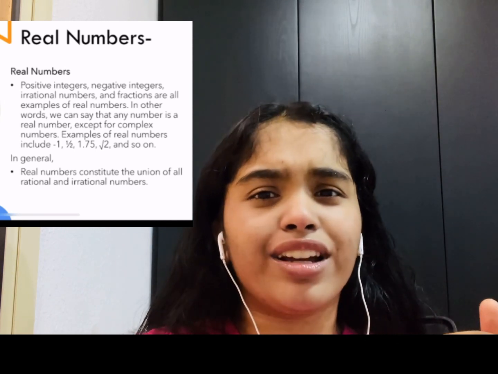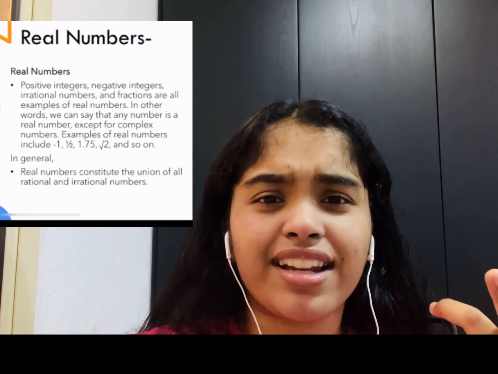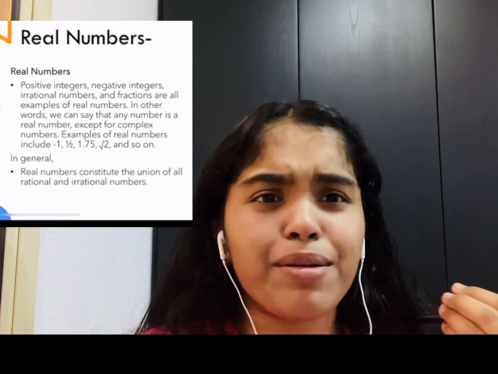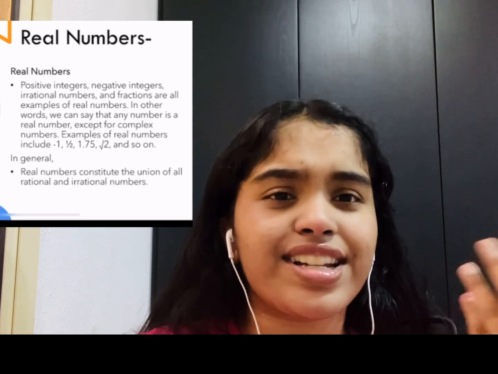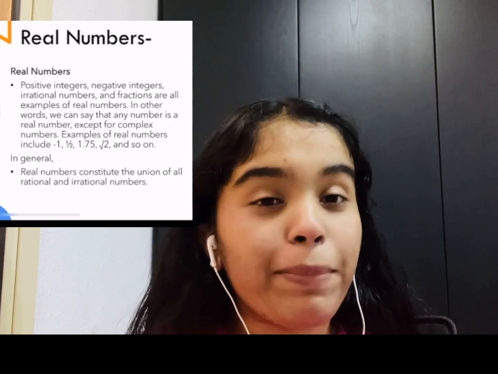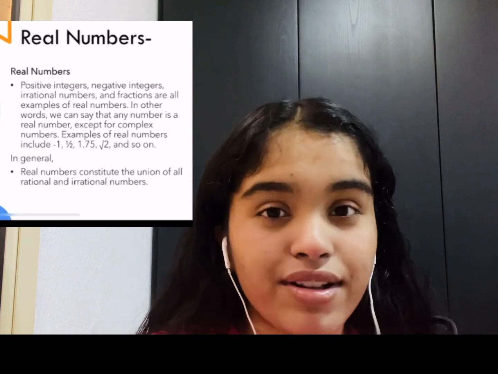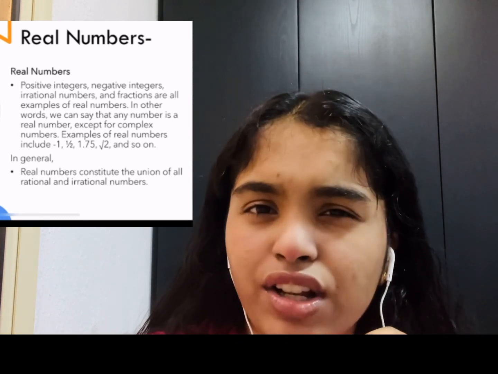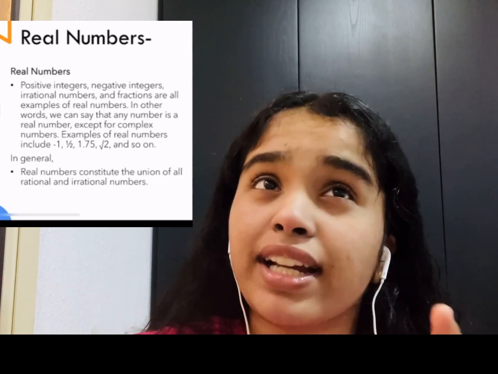Now you say, hey, you said real numbers are just simple numbers like positive integers, negative integers. Now you come with complex. The word complex means not every single number. There are numbers like 1.75. Is it kind of difficult to solve decimal multiplication and addition?